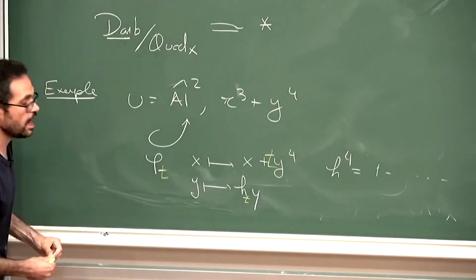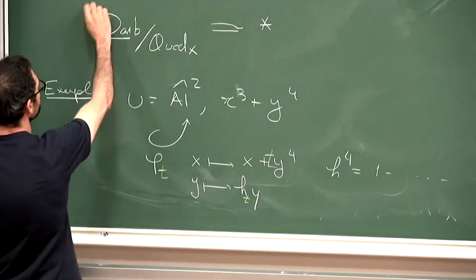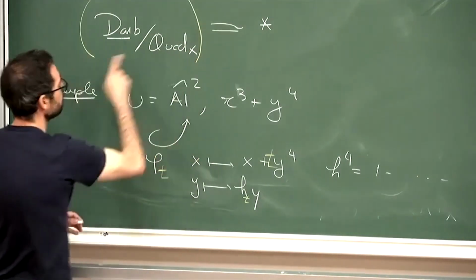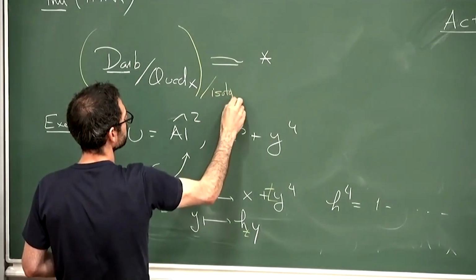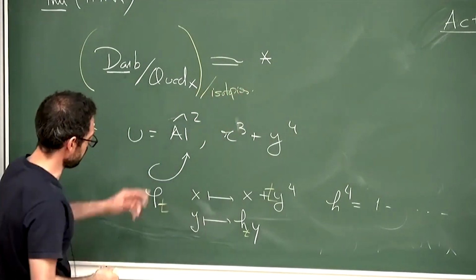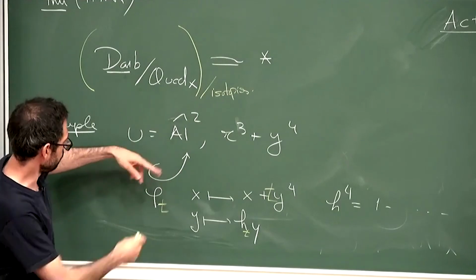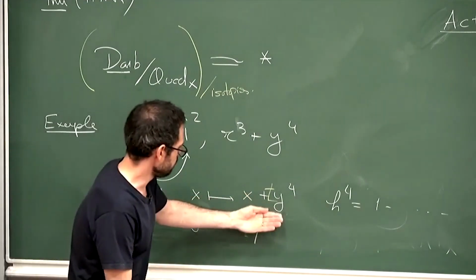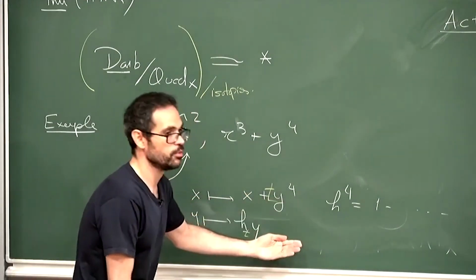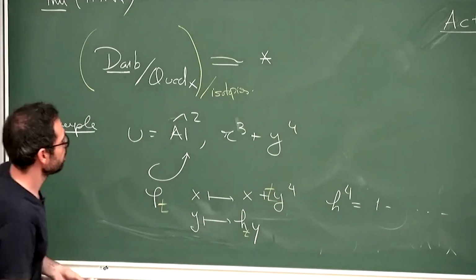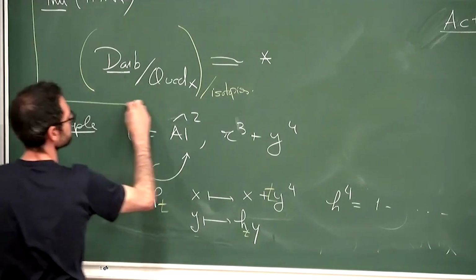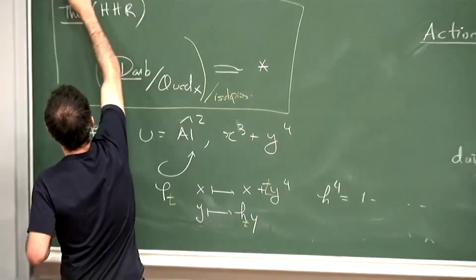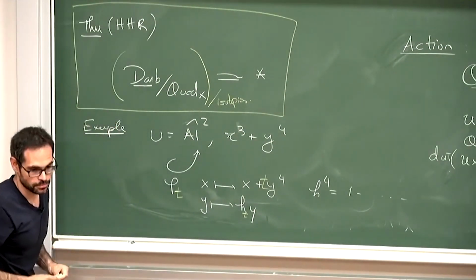So what is actually going on is that if I take this stack and I kill these isotopies, these automorphisms of critical charts that are A1-homotopic to the identity, what I get is this. And this is our theorem.